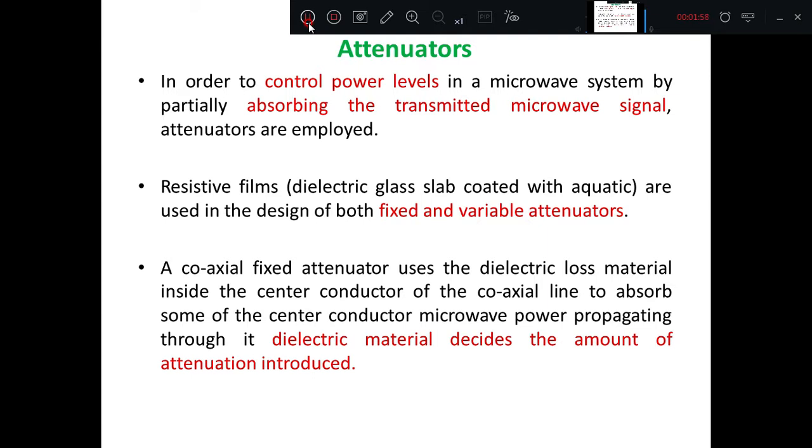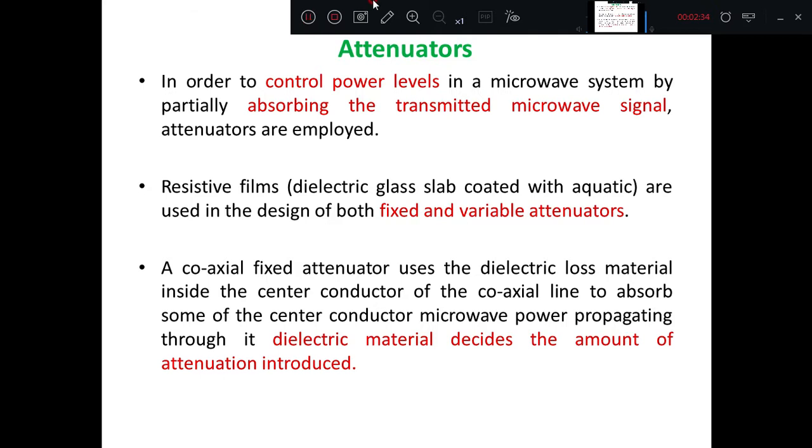A coaxial fixed attenuator uses a dielectric loss material inside the center conductor of the coaxial line or cable, just to absorb some of the microwave power propagating through the coaxial line. The dielectric material used decides how much attenuation is introduced.